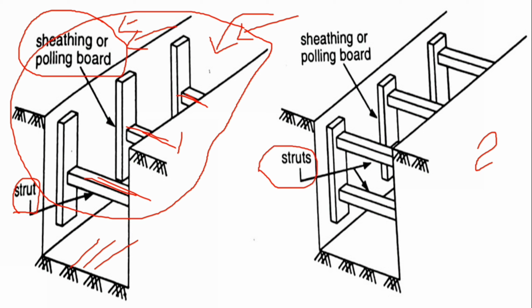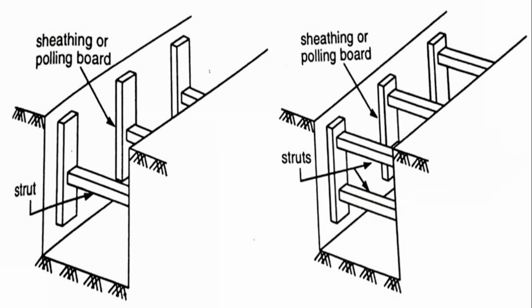In figure number 2 you can easily see that we use two levels, this is the first and this is the second. Clear? Here we use two levels of strut. Why? Because it provides strong support for my surrounding area. So this is known as the stay bracing method.